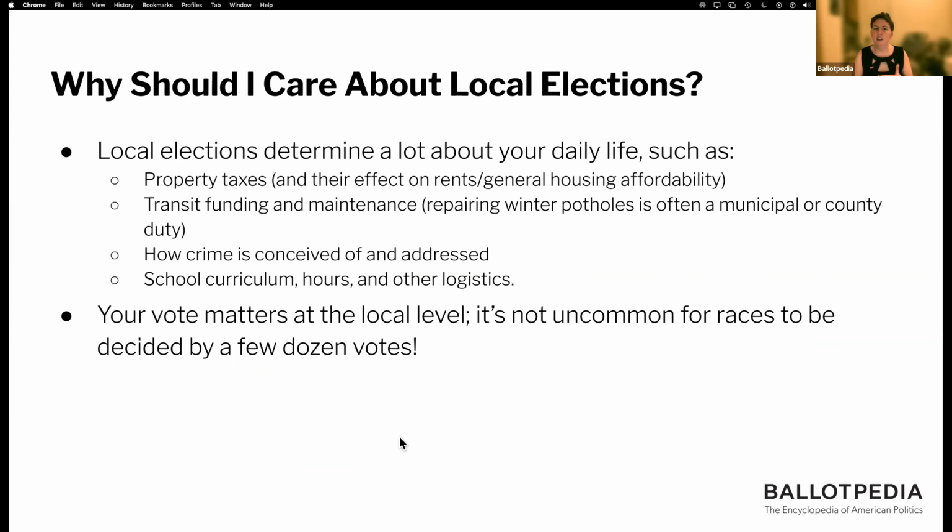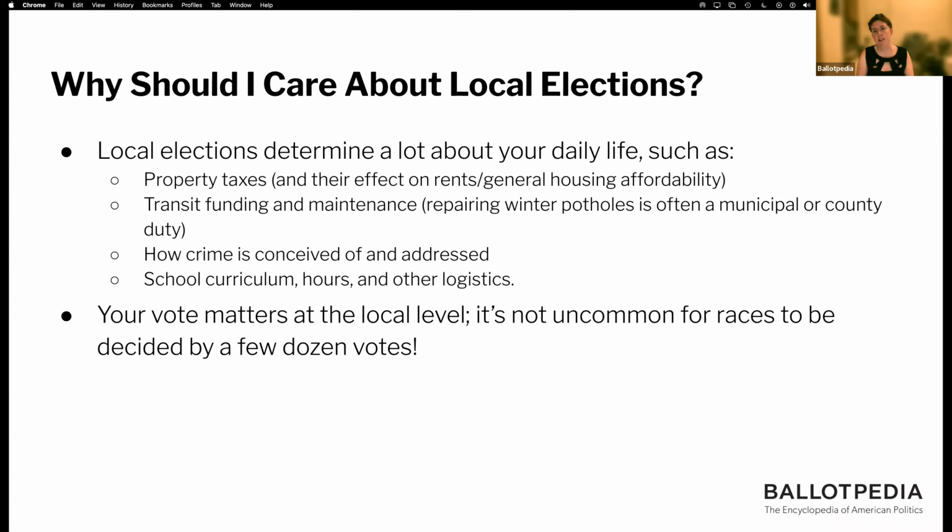So first I wanted to talk a little bit about why you should care about local elections, because they are commonly overlooked, but at the same time have a lot to do with your activities of daily living. So they determine your property taxes, and likewise, property taxes have an effect on rent and general housing affordability. So transit funding and maintenance. One big thing over here, I'm in Michigan, is repairing the roads.